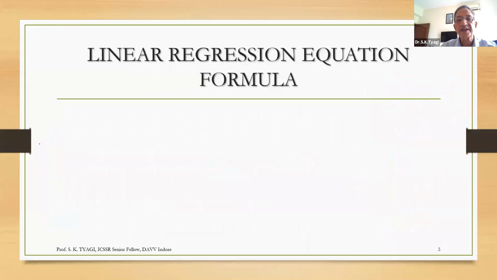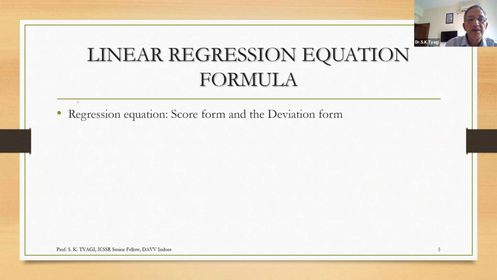Now, the linear regression equation formula. First of all, the regression equation, as I told you, can be written in two forms. One is the score form and another is the deviation form.